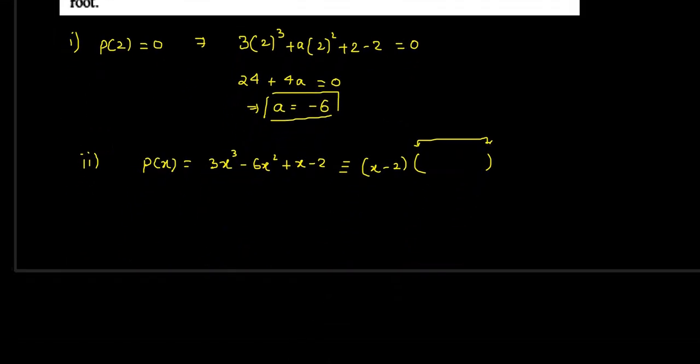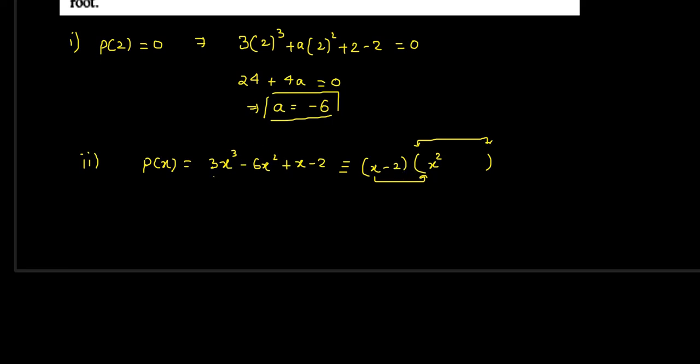Shortcut method means we'll just learn how we can find out this second factor. Okay, so look carefully. Here I have this x, right? And this x will be multiplied by some factor here, and this has to be a quadratic. This we already know, right? So if I just write here x square, then after multiplying this x with x square, I will get x cube.